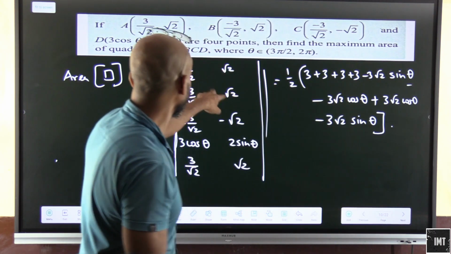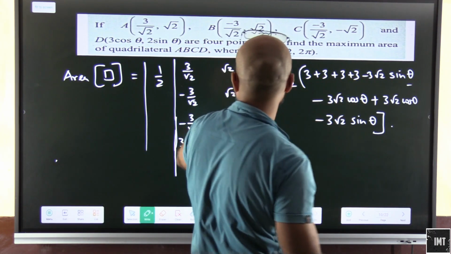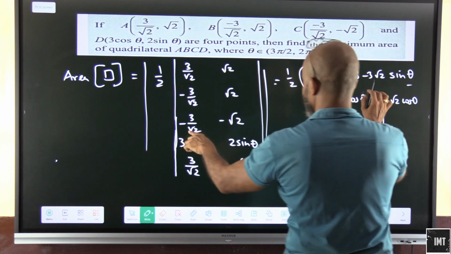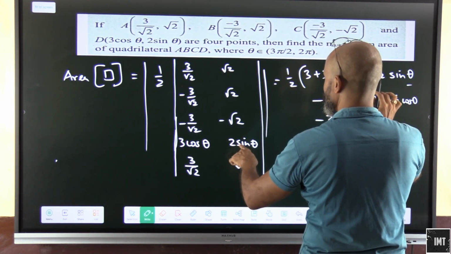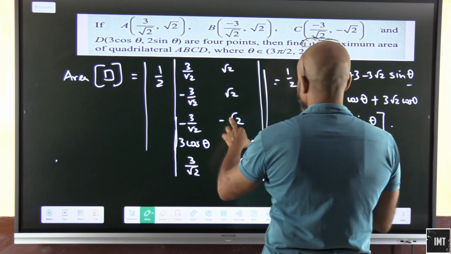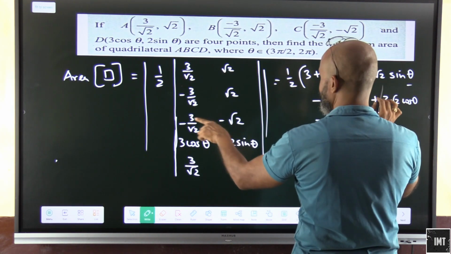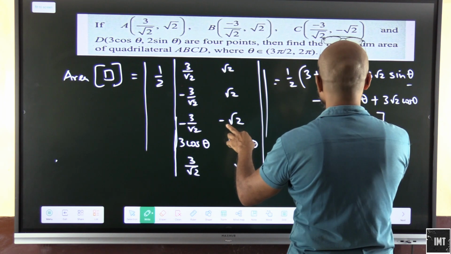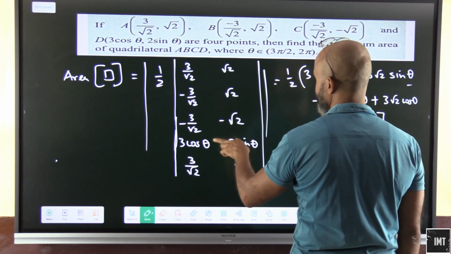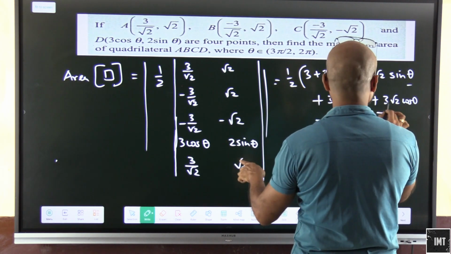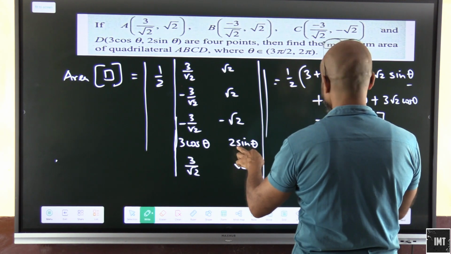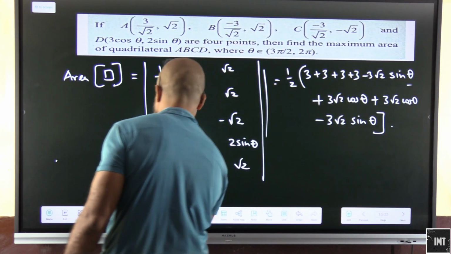Let's look at it once again. Under root 2, 3 plus 3, this is all fine. All we have to check here is minus 3 under root 2 sin theta, so this will become plus 3 under root 2 cos theta minus 3 under root 2 sin theta. So let's look at it once again.